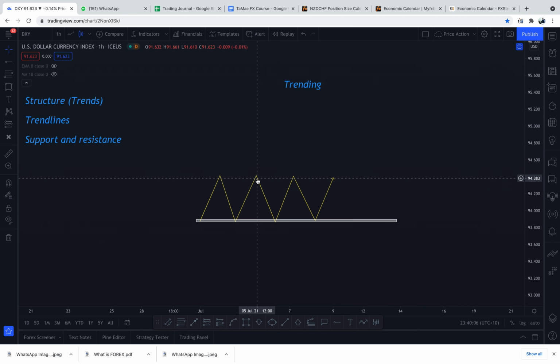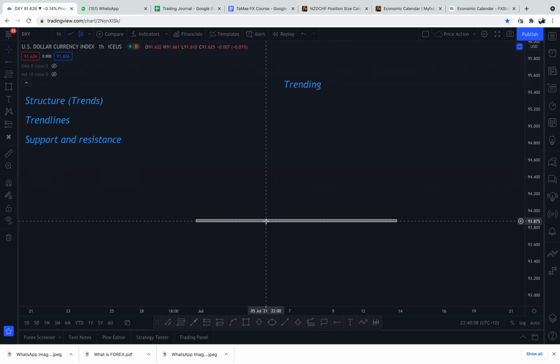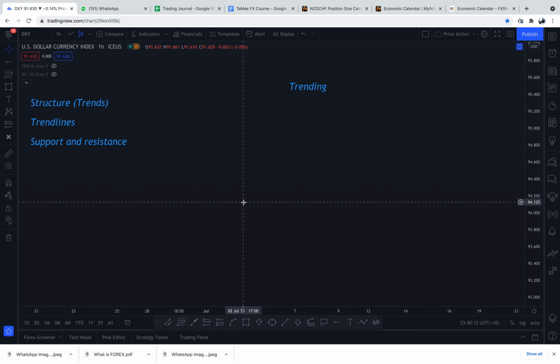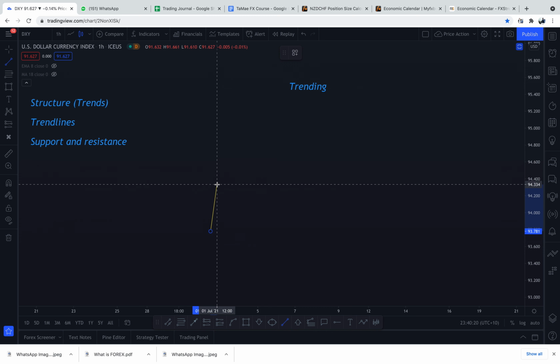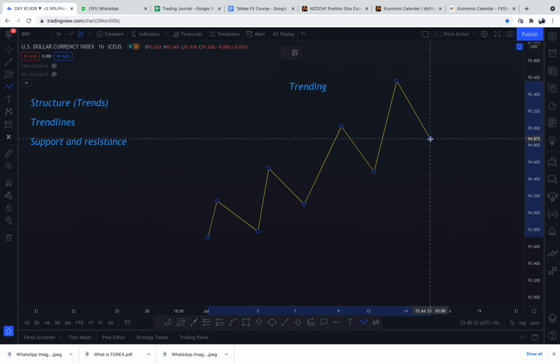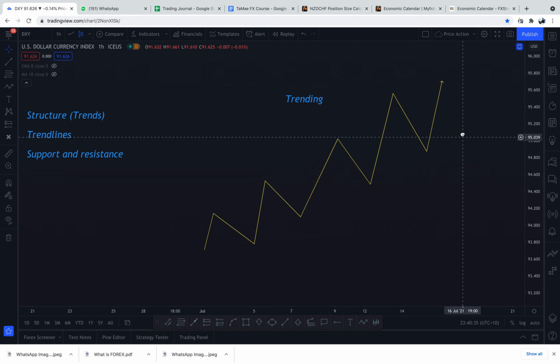All right, so let's move forward, trying to explain this as simple as possible. Then we have what we call trend lines. Trend lines are lines that we join on our market candles that are progressing in a particular way. For example, if it's an uptrend, like that, okay, I'm sure you've seen me draw trend lines a lot.